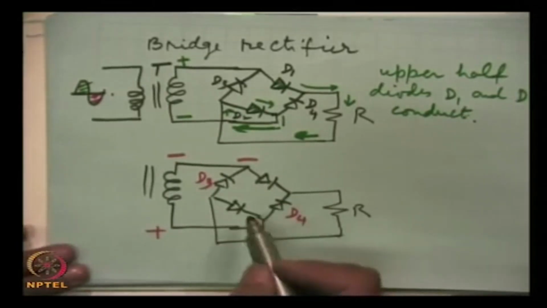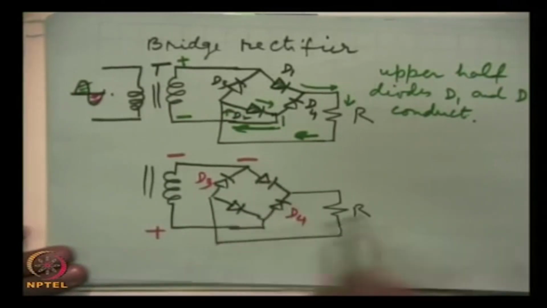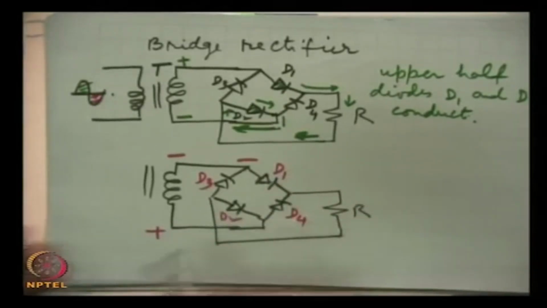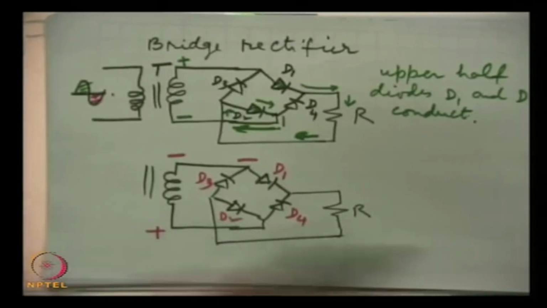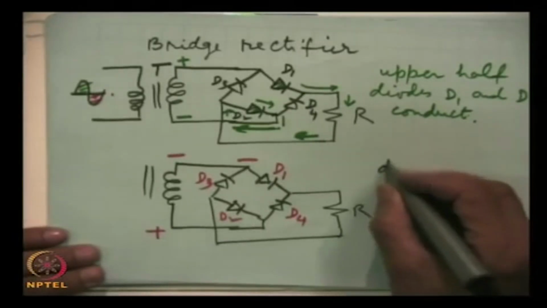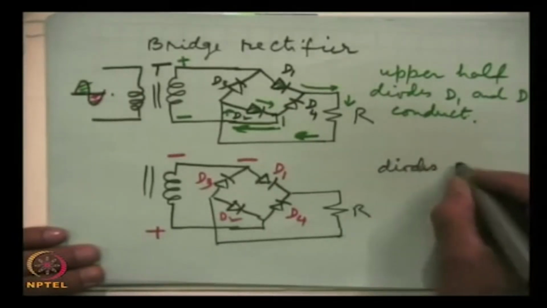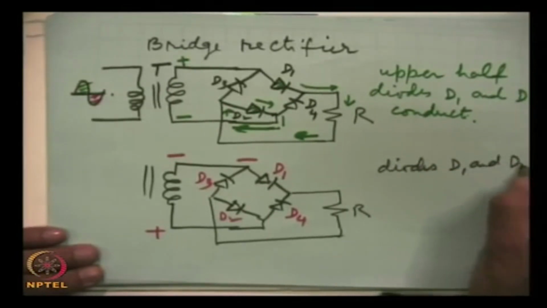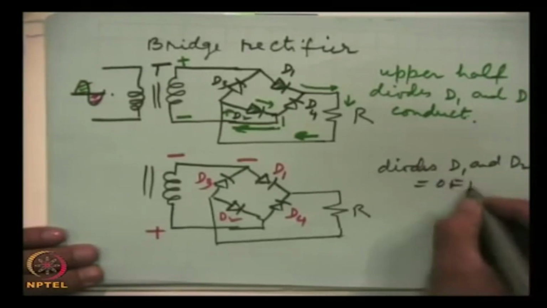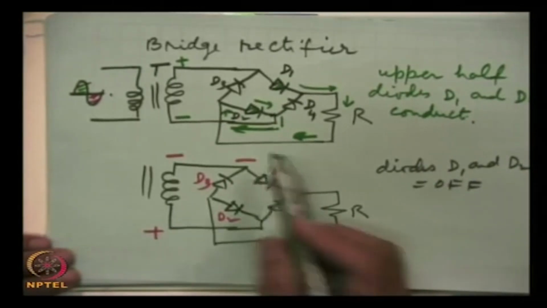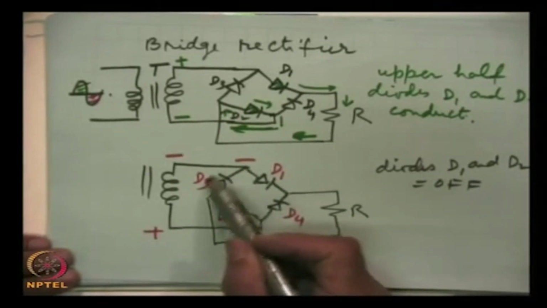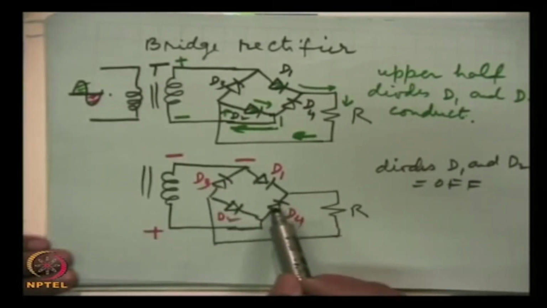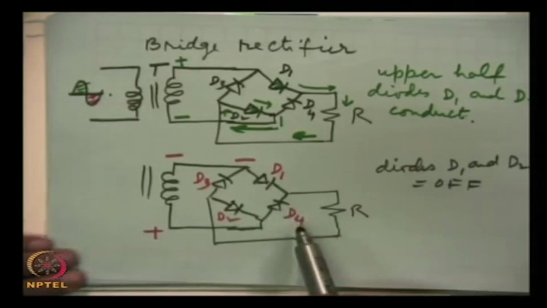So D1 and D2 will be reverse biased and off, while this negative will forward bias diode D3 and this positive will forward bias diode D4.